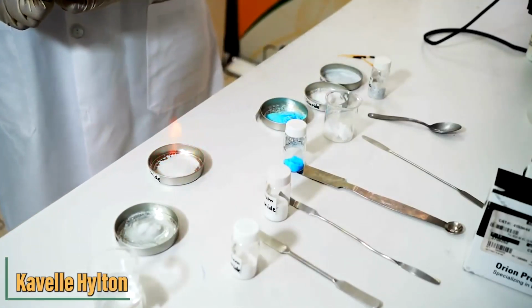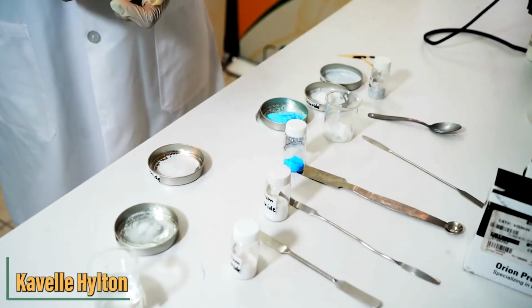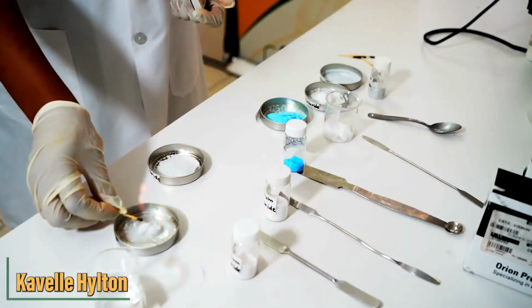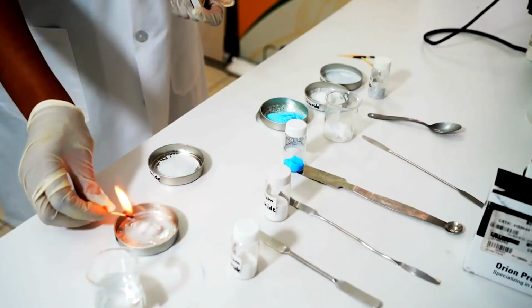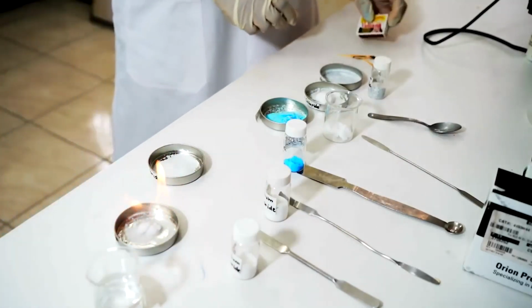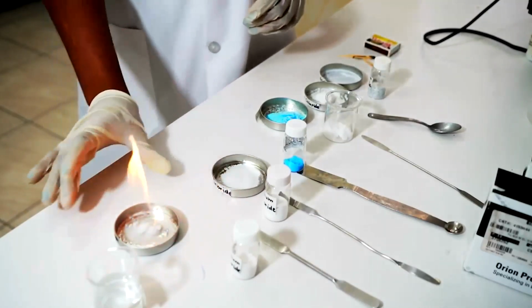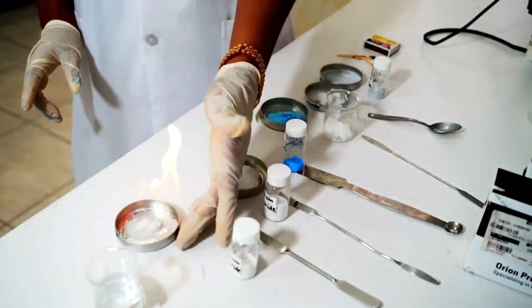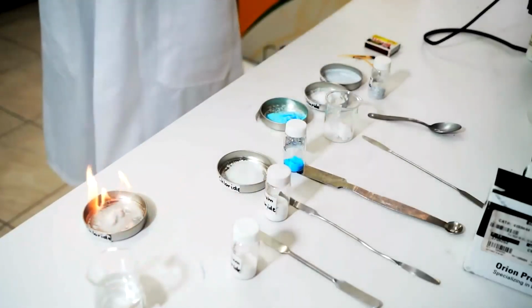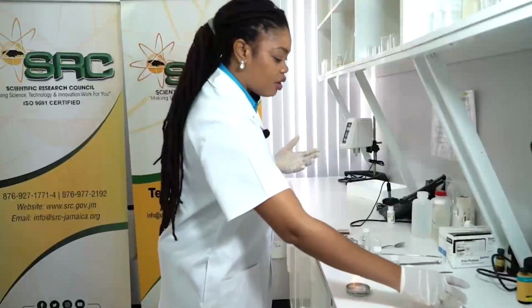All right, and then finally, we're going to try and see what happens with the barium chloride. All right, so the barium chloride is supposed to produce a yellow-greenish color.